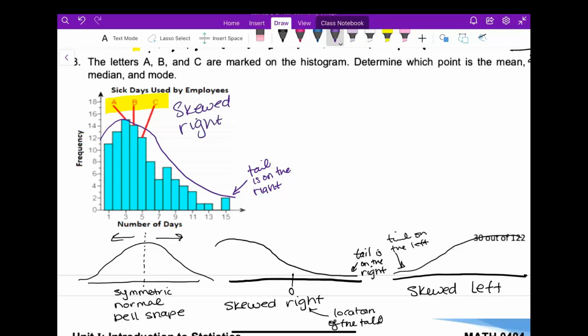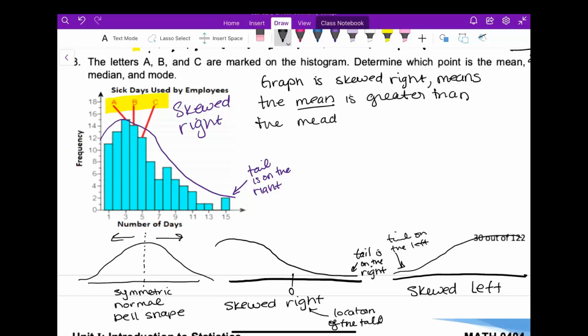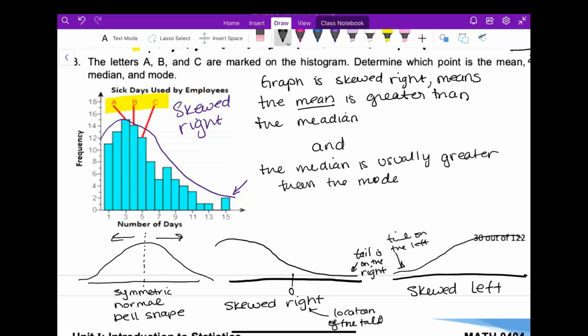Now, with that information, I can give you a fact, and this is going to answer your question. The graph is skewed right. All right, so this is a fact.